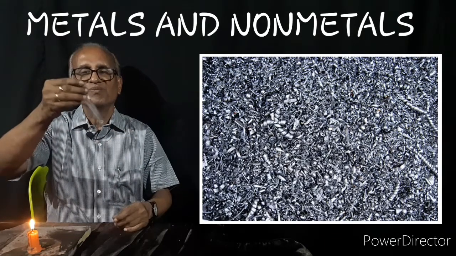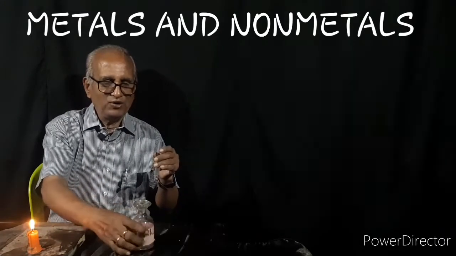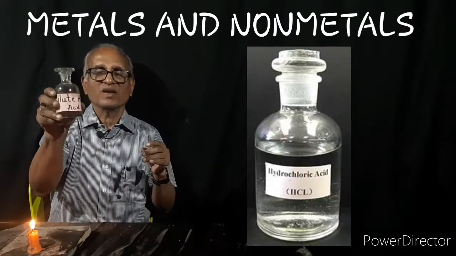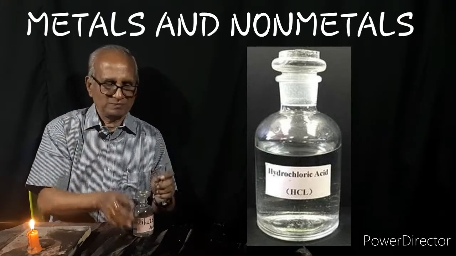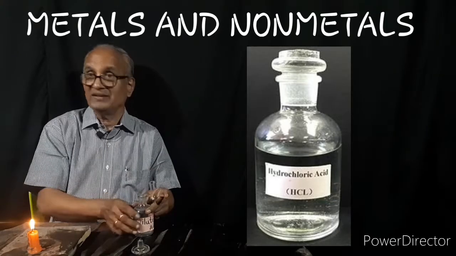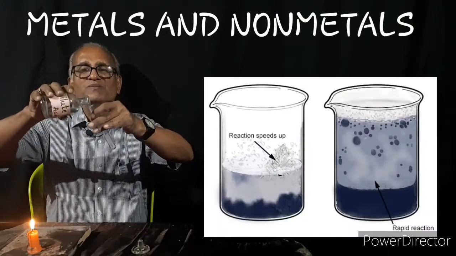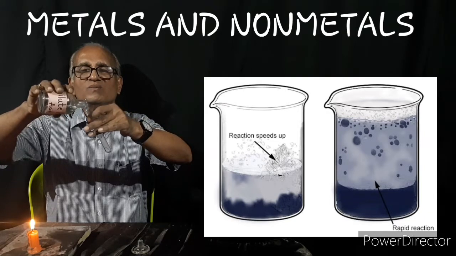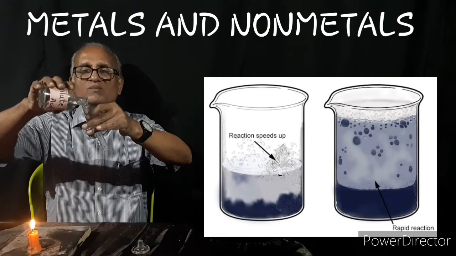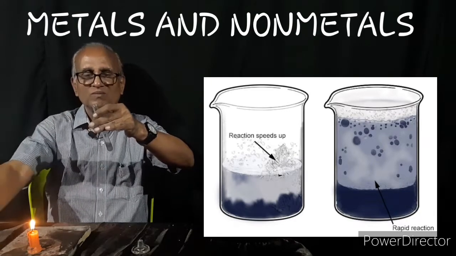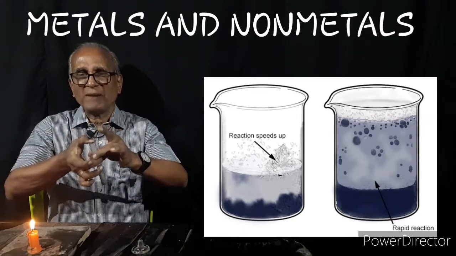I have dilute hydrochloric acid here. Dilute acid is one where water content is more. The reaction is vigorous, you can see. Keep observing. I close the mouth because I want to capture the gas.